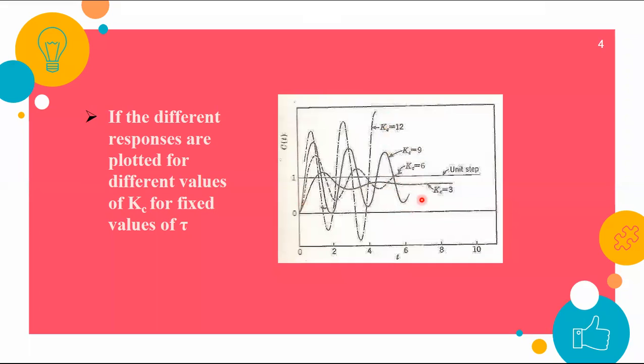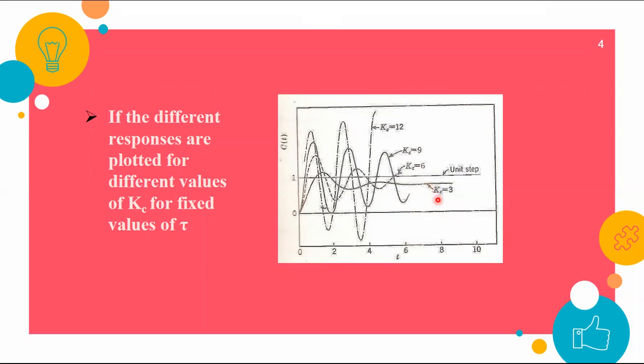And if you notice, even if it's small, like in this case, you have 3 here, the smallest value that was substituted is 3, you could see that still the ultimate response of your system is having an offset. It should have been rested here on the 1 because it's a step change in the input. But in this case, it's not resting on the 1.